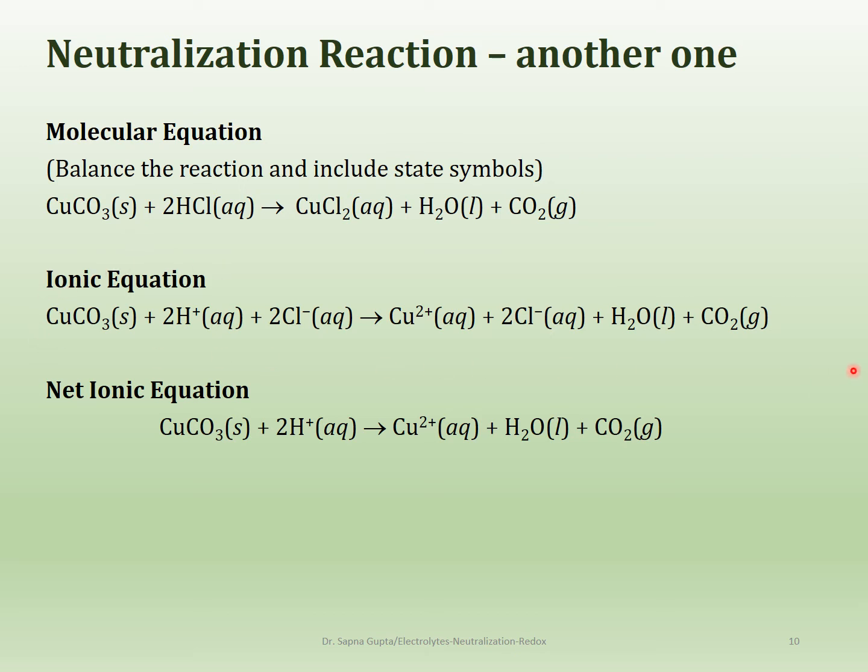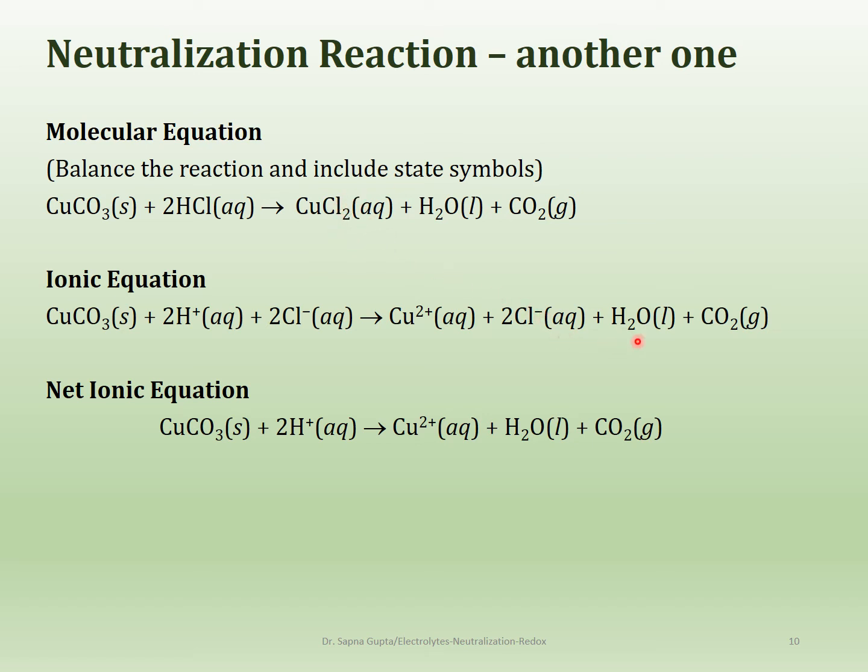Then the ionic equation is written out like this, where you have the copper(II) carbonate, which is still a solid. The HCl, hydrochloric acid, will dissociate and ionize into these two ions here. Remember again, this is 2H+ and then 2Cl-. The copper chloride, which is aqueous, again Cu2+ and then the two chloride ions, again remember not Cl2 but 2Cl-.